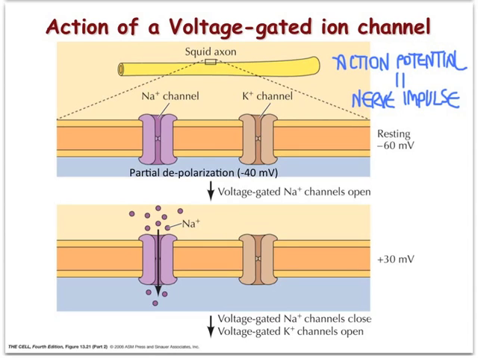When that value is reached, the sodium channel opens up suddenly, and the full opening of the sodium channel leads to the sudden influx of sodium ions into the cell, and this leads to a complete depolarization of the plasma membrane, followed by a repolarization of the plasma membrane up to a value of about plus 30 millivolts.